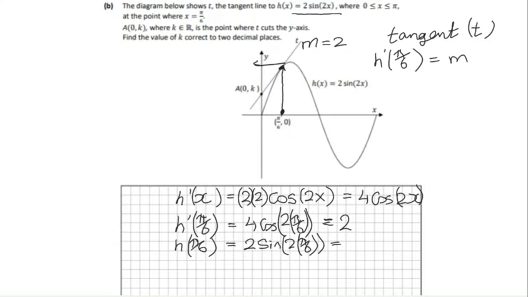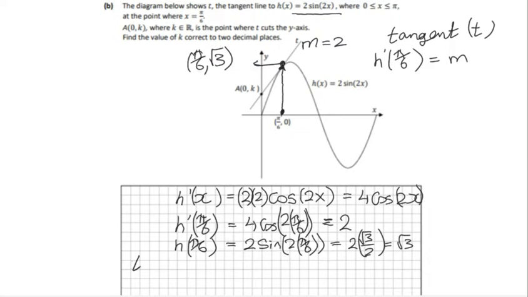And set your calculator to radians, and we will get 2 by root 3 over 2, which is equal to root 3. So the point of contact now is going to be pi over 6 for the x coordinate and the square root of 3 for the y coordinate.